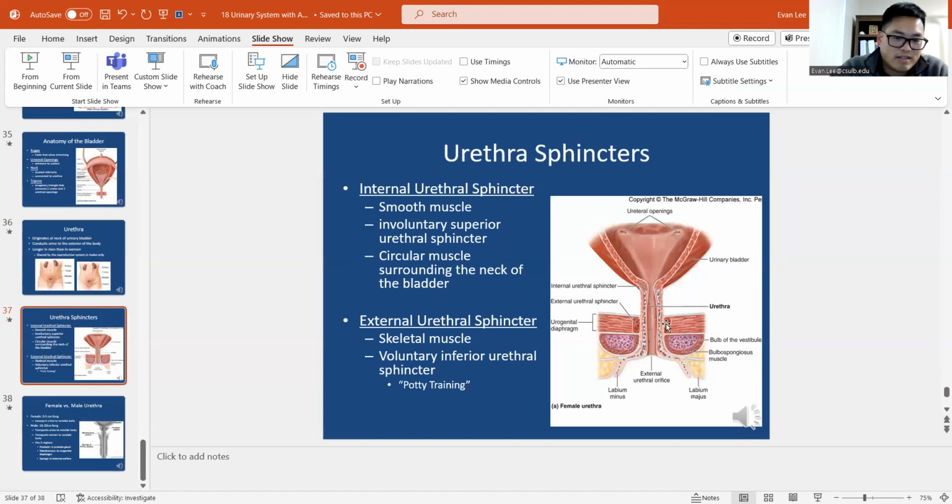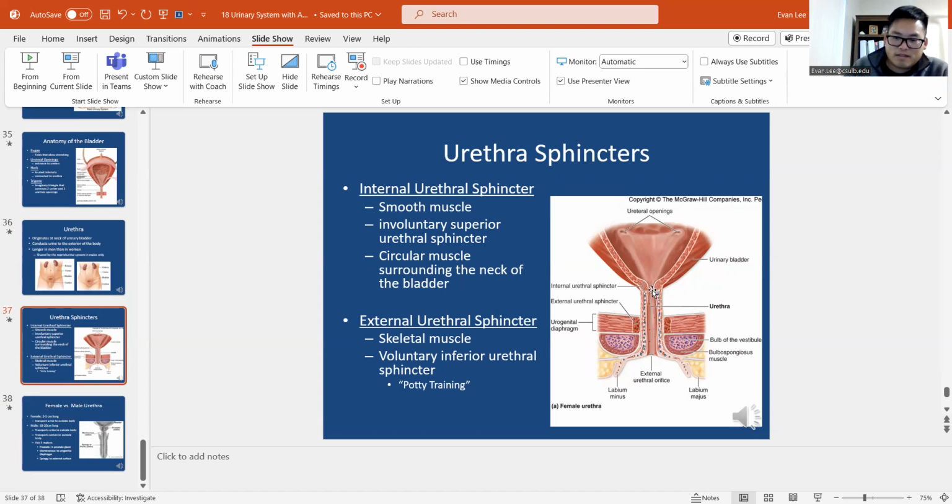So the internal urethral sphincter just does its thing and opens up, and that's going to be a bit uncomfortable. But luckily, that doesn't mean that you're going to pee right away. You have the external urethral sphincter, which is voluntarily controlled, right over here along the sides, which allows you to hold it so that you can hopefully find a bathroom and keep that contracted until you can release it in a more appropriate space.